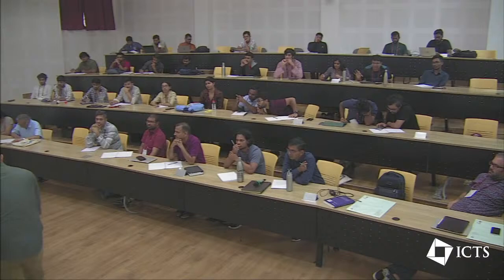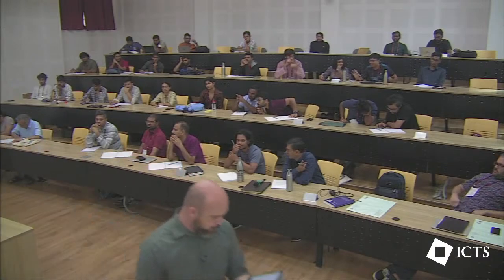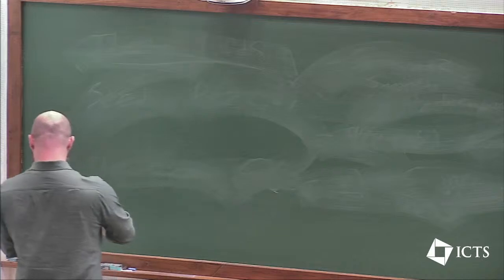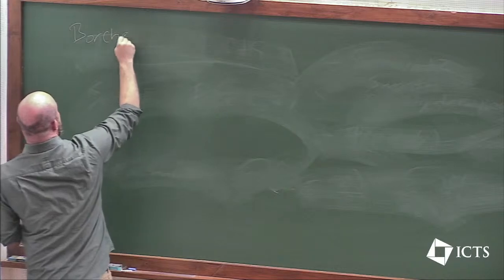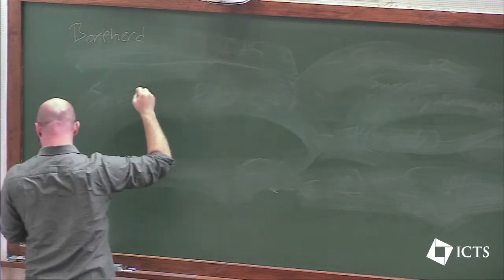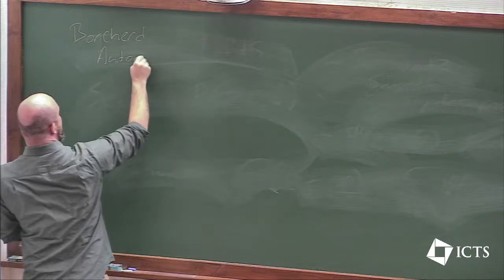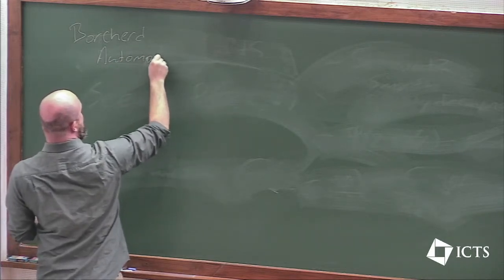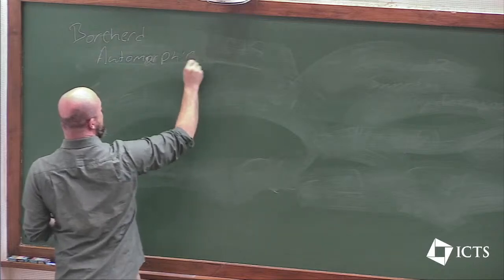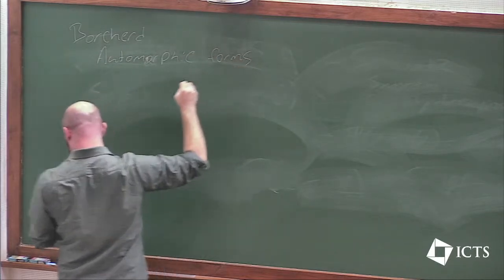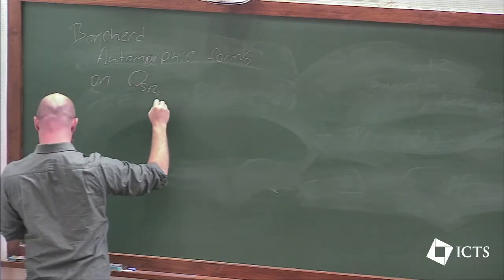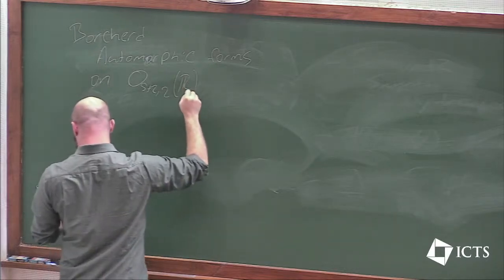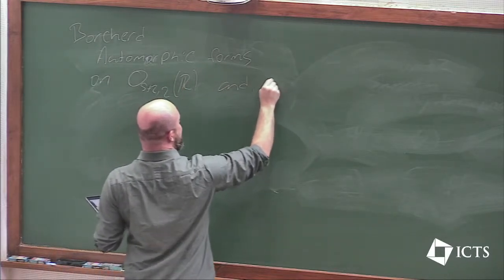As I talk about this, let me just give you a reference for this. Of course, there's Borcherds' original paper. It can be a little bit dense. This is "Automorphic forms on O_{s+2,2}(R) and infinite products."